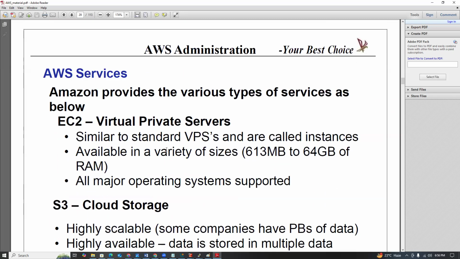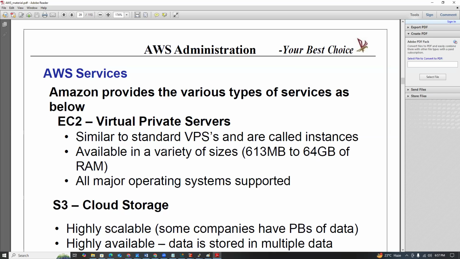So, AWS services. Amazon provides various types of services, such as EC2. EC2 is Elastic Compute Cloud. What are they providing? VMs, virtual private servers or virtual machines, similar to standard VPSs, and they are called instances.